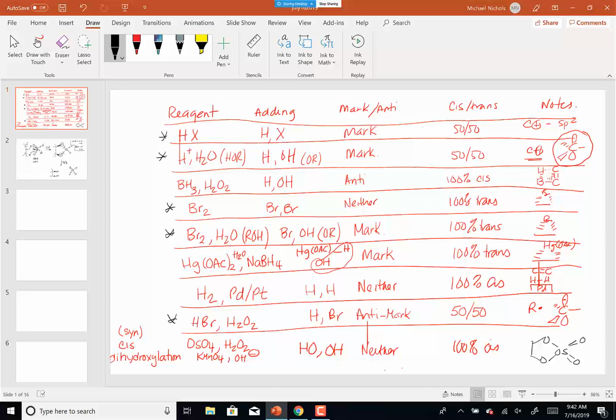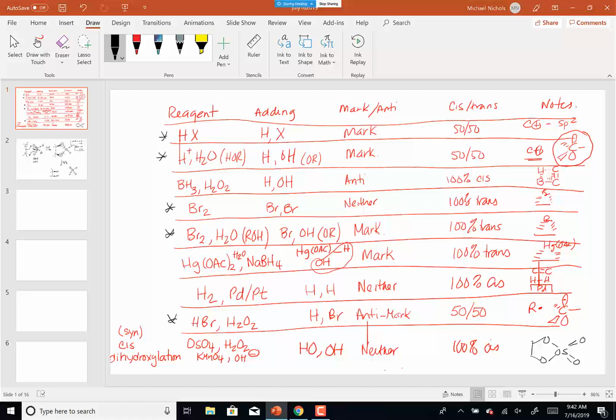I could have left all that out and just said, oh, BH3 H2O2, anti-Markovnikov, cis. Remember that, we'll move on. But having the mechanism helps you understand why it's cis and why it's anti-Markovnikov. The rest of them you'll just have to know.